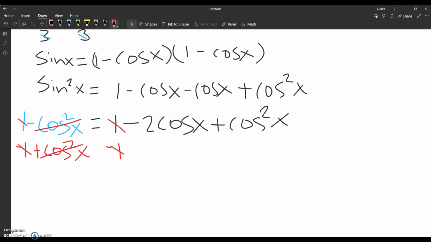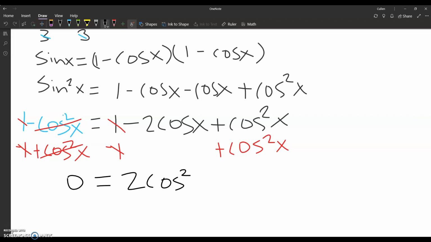And then this 2 cosine x, oh wait, no, that's going to go with cosine squared. Because it's cosine squared, you add this down here to the cosine squared. And then this is set equal to 0. I'm going to rearrange some things, so we'll have 2 cosine squared x. Typically you put the squared terms in front, and you've got minus 2 cosine x.